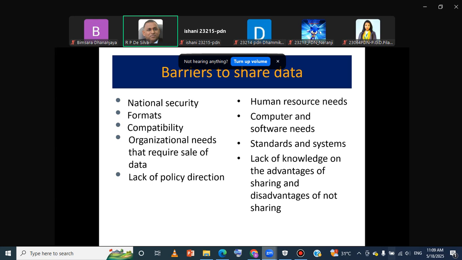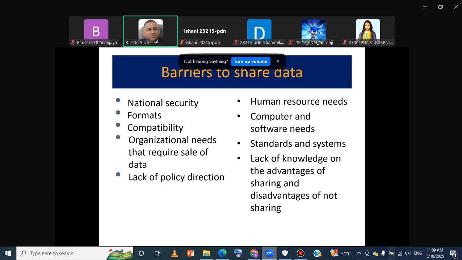Everybody benefits, nobody loses when you share. When you don't share, everybody loses, including you. So what happens is the entire spatial data community suffers from these problems.